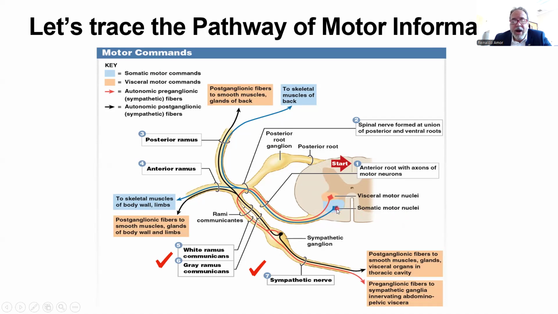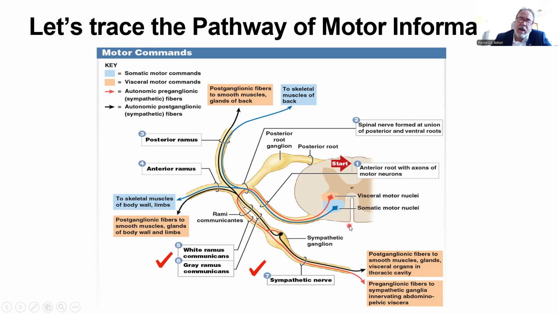If you follow this neuron here, notice that the axons are found in the anterior root or ventral root. They get to the spinal nerve, and you can either go to the back by way of the dorsal ramus of the spinal nerve, or you can go to the body wall and limbs, and that will be following the ventral ramus of the spinal nerve.